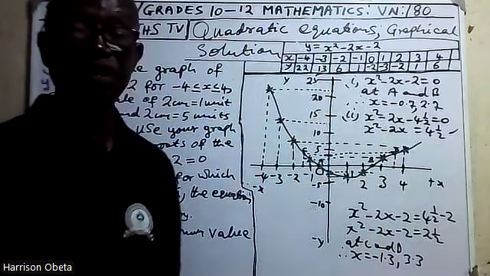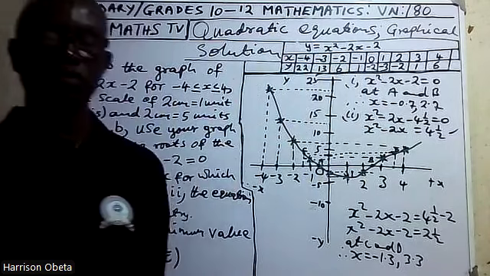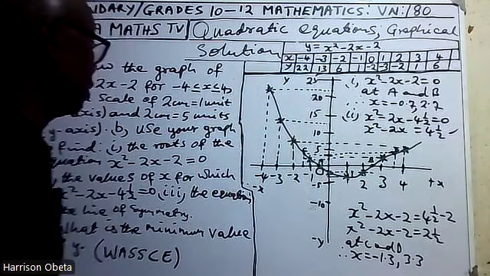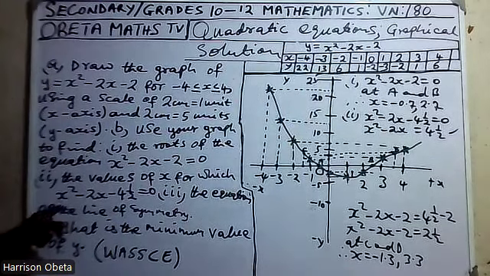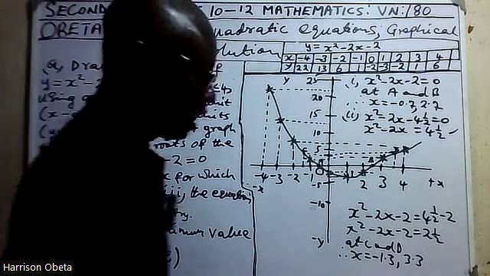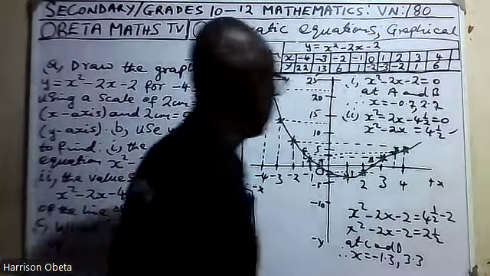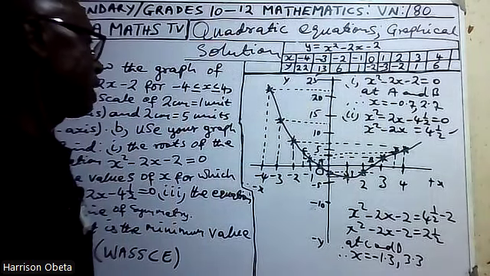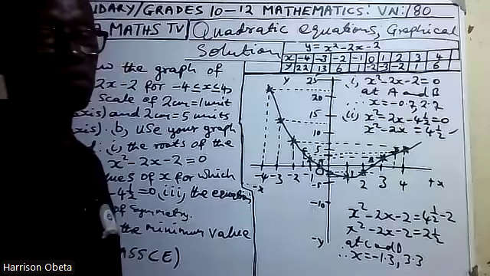So as I said earlier, if you are using your graph paper, you'll be more accurate. So the other question now, the equation of the line of symmetry. The equation of the line of symmetry is a line that divides the curve into two equal parts. And that line should be x equal to 1.